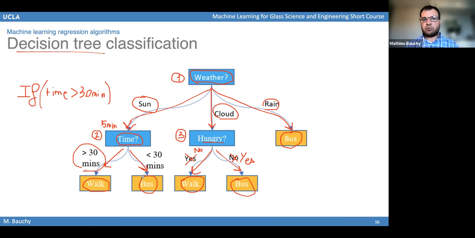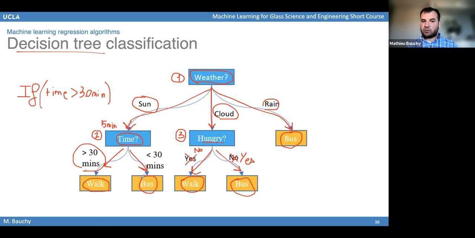So in this case, that would be a classification algorithm where the way you would train this is that you would have a list of previous days. Let's assume over the past months, for each day, you track what the weather is, you track how much time you have, you track how hungry you are, and then you track what was your decision.